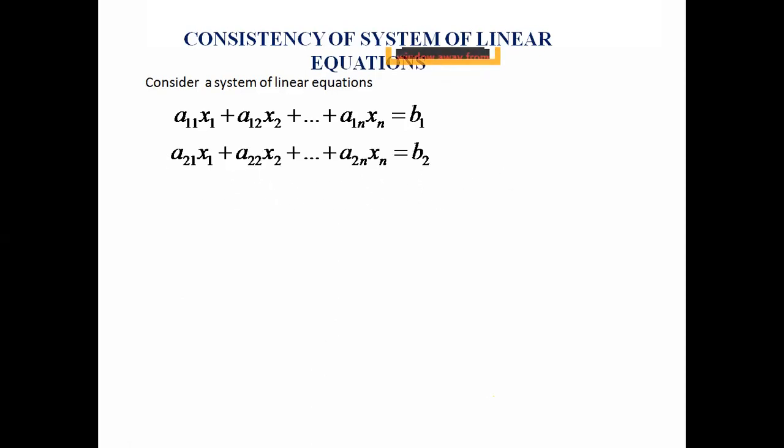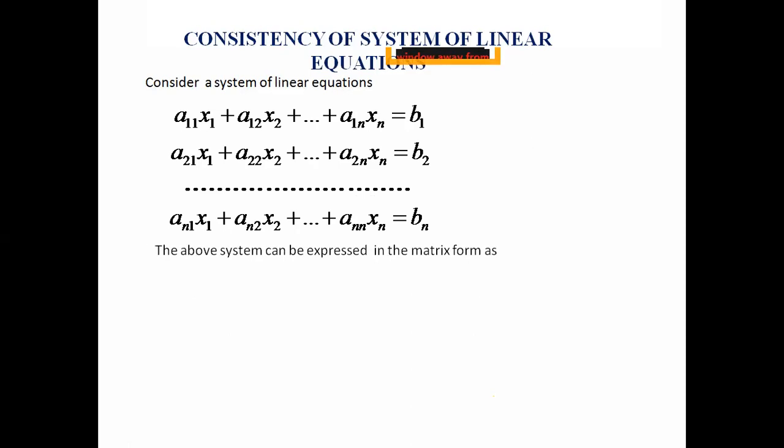The second equation may be given like this: a21 into x1 plus a22 into x2 plus etc. a2n into xn is equal to b2. Like that, a system of equations may be given. To see whether the system has a solution or not, we can find the rank of the coefficient matrix, and you can check.